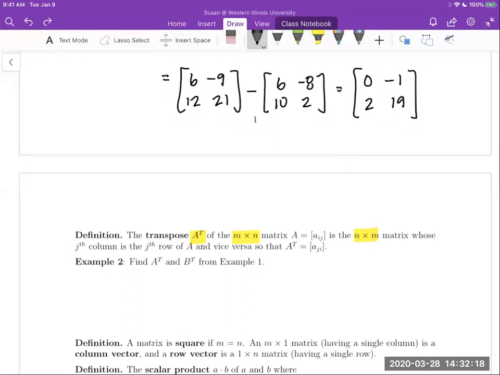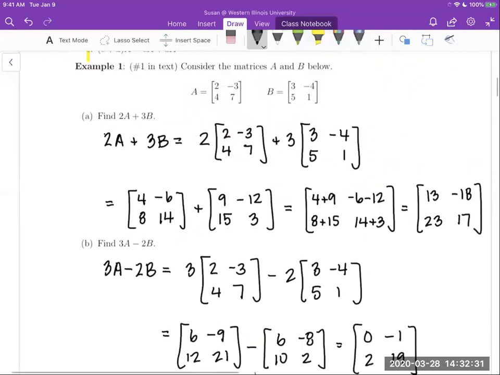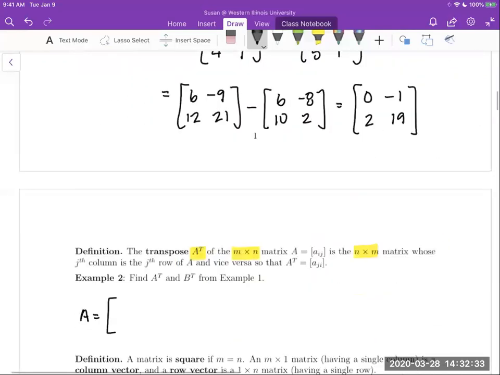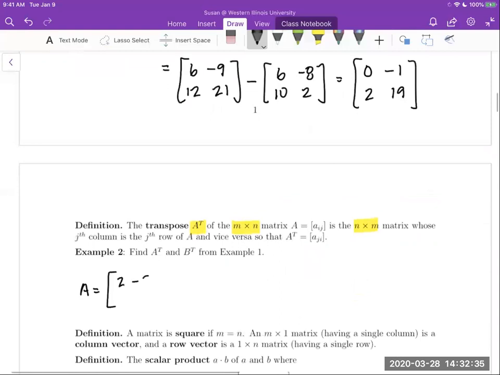So for example 2, we want to come up with the transpose of the matrices A and B from the previous example. Let me begin by just copying down what matrix A was up above. So that was 2, negative 3, 4, 7. And so we want to find the transpose matrix.